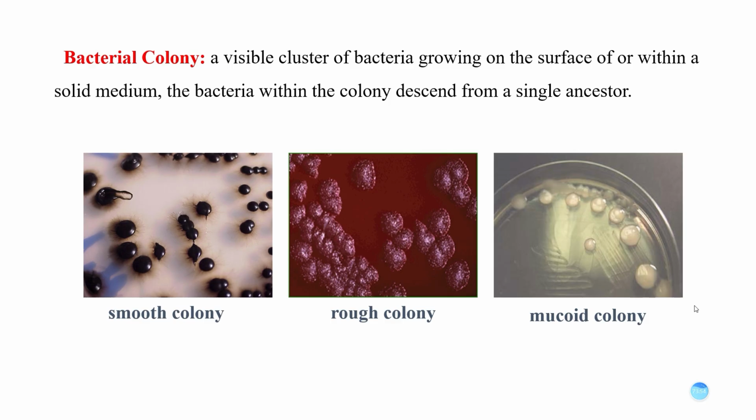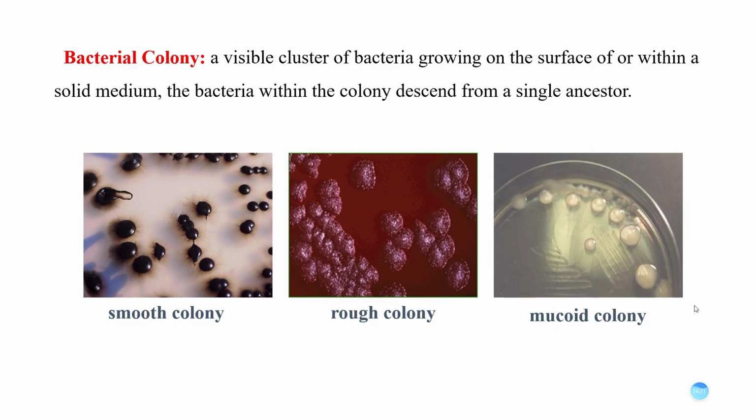And based on the texture of the colony, the type can be divided into smooth colony, like this. You can see the shining on the surface. Or it can be rough, like this. It's a rough colony. Or the third one, that's mucoid. Mucoid colony, like this one.